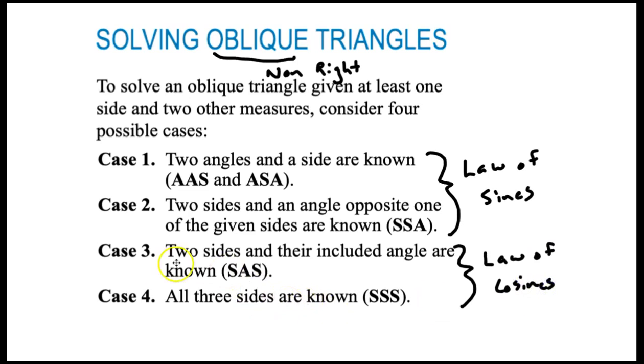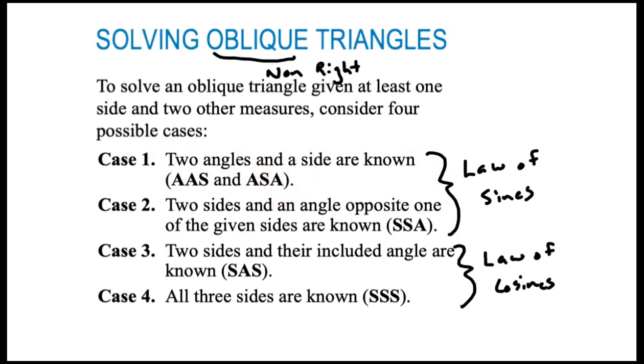Now, for these second two, we will actually end up using the law of sines at some points as well, but we will have to use the law of cosines to start. Now, today we're just going to start by talking about the law of sines. So we're only going to look at case one in this lecture, where I know two angles and a side.